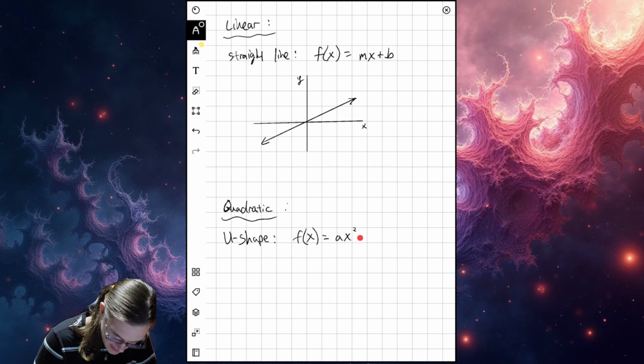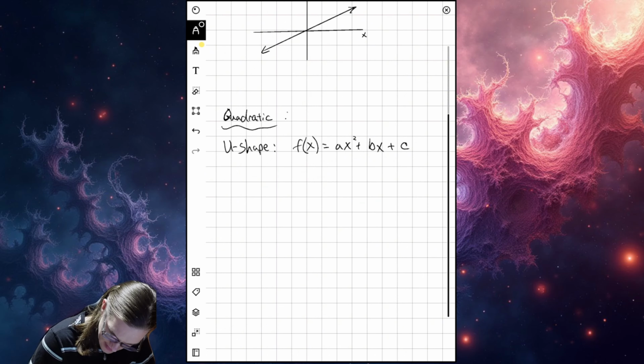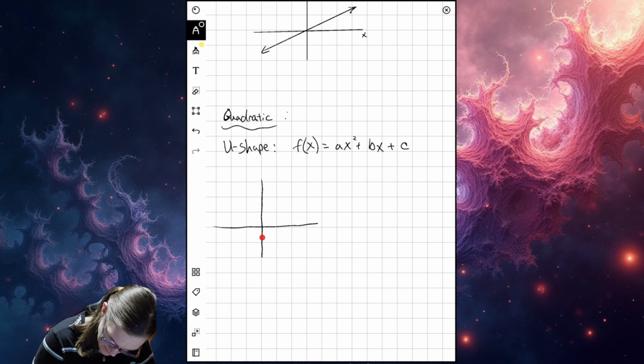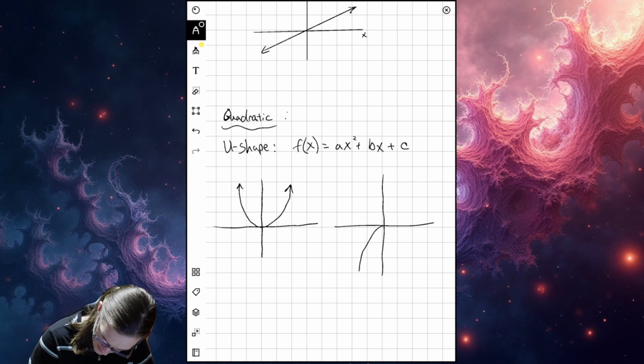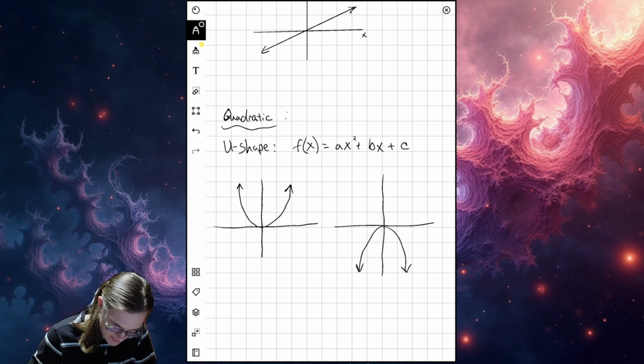Some constant in front of the squared term, some constant in front of the x term, and some constant by itself. And how does that look? It usually looks like this, right? Some sort of U, or it could be going in the opposite direction, negative direction.